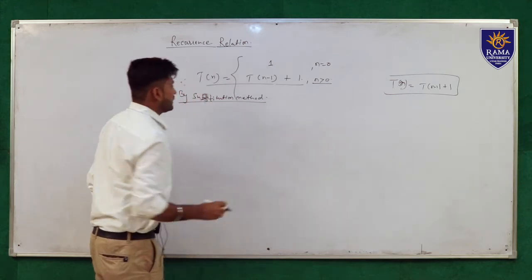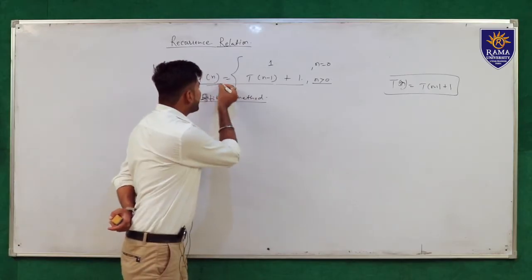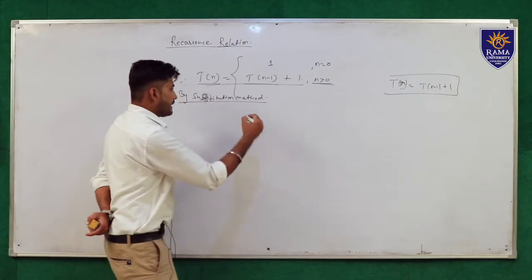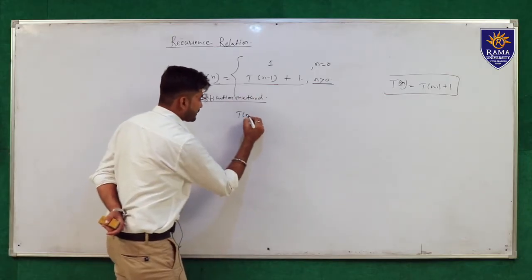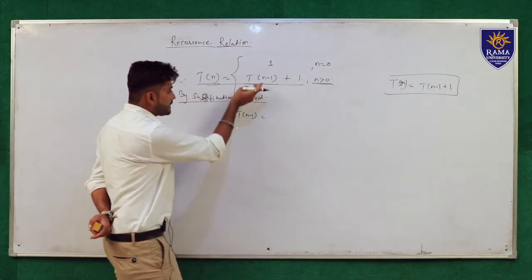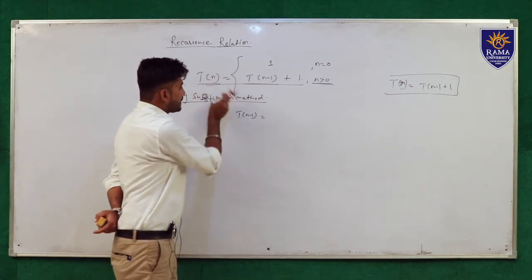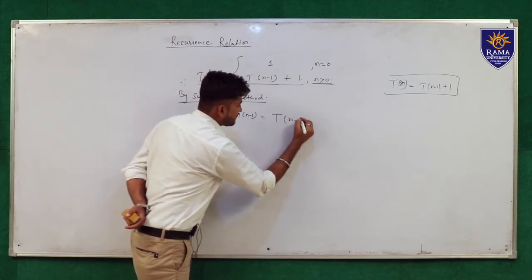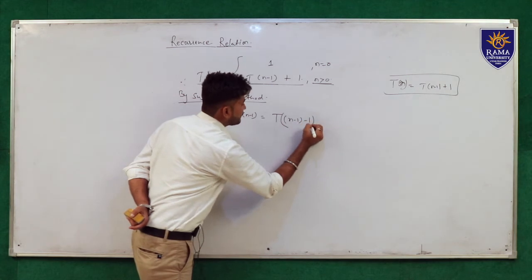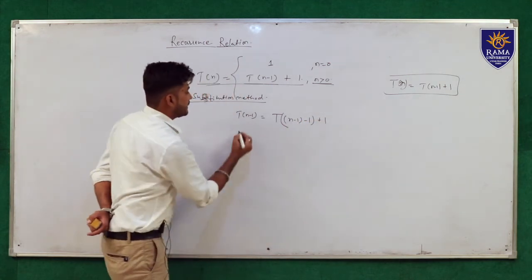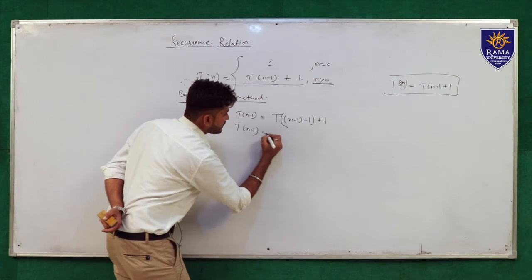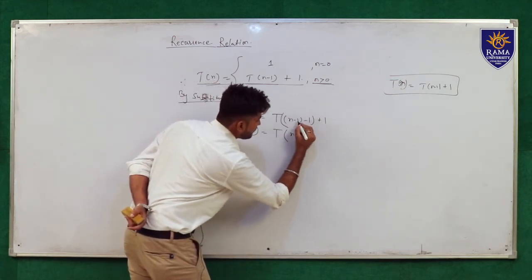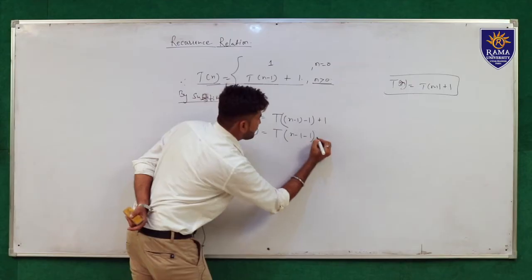How will it work? We can see that T(n) equal to T(n minus 1) plus 1 when n is greater than 0. If we find T(n minus 1), what will happen? We replace n with n minus 1, so T(n minus 1) equals T(n minus 1 minus 1) plus 1.